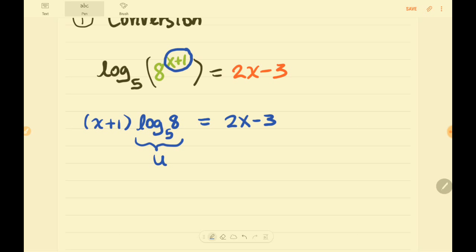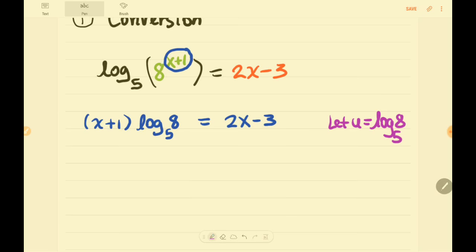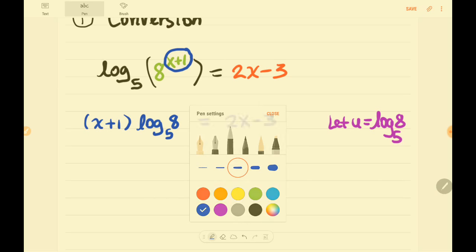We take the letter U and we let it be something. So I'm going to let U be whatever this value is. Right, so now I'm going to rewrite everything with my U in it instead of the logarithmic expression.